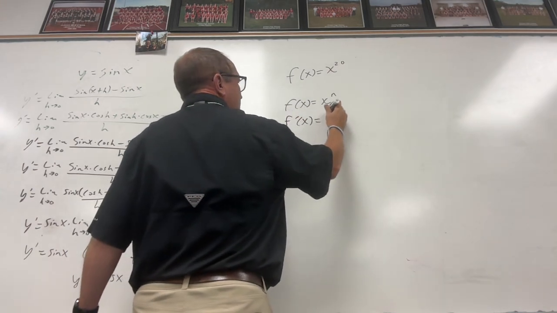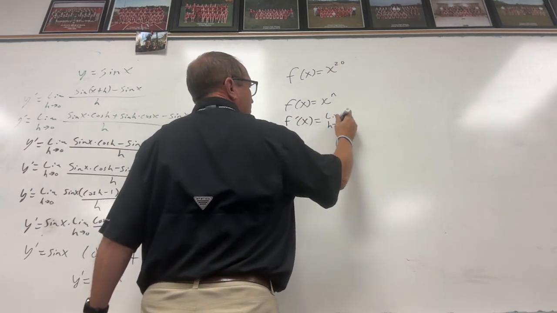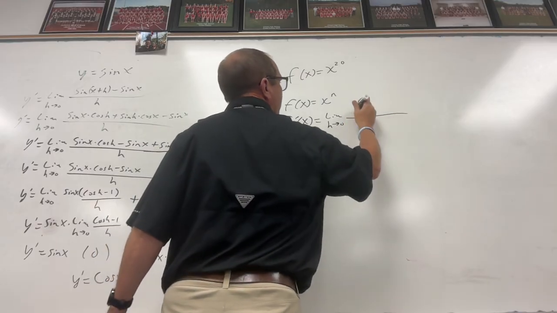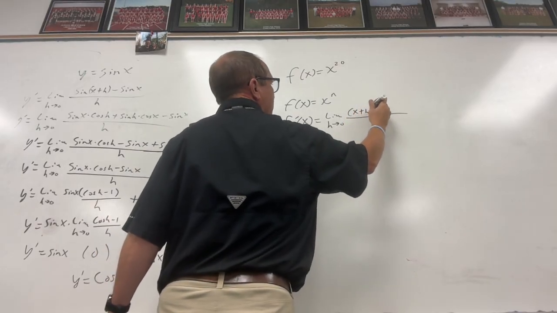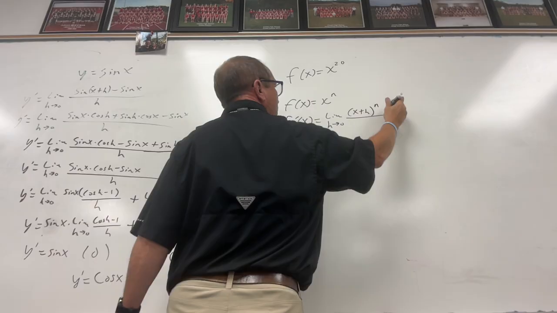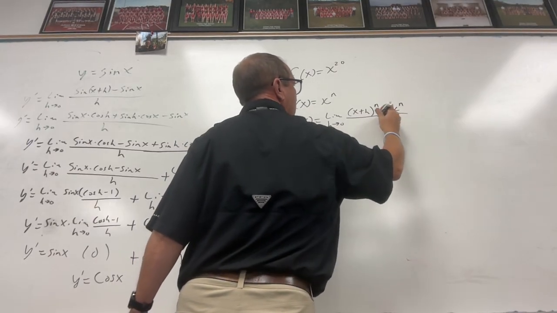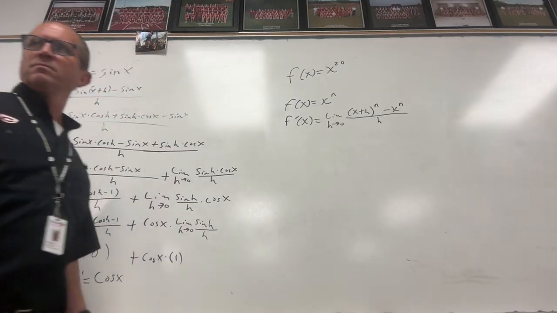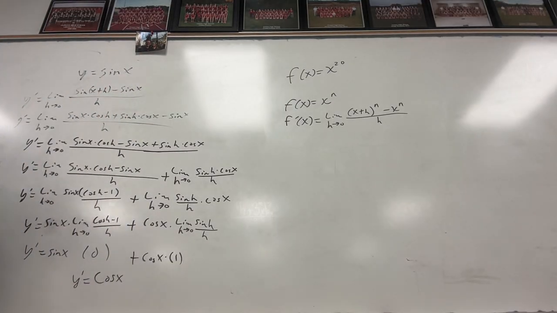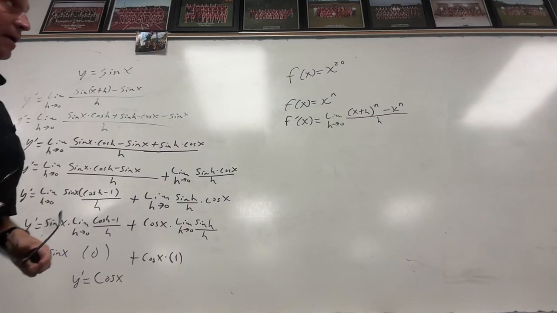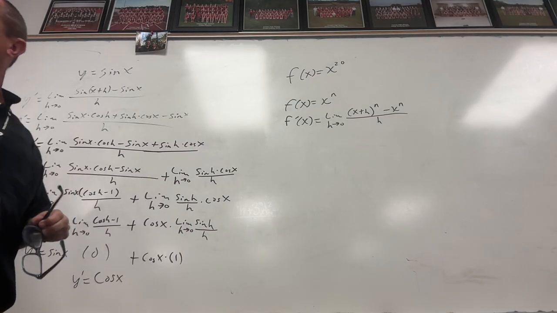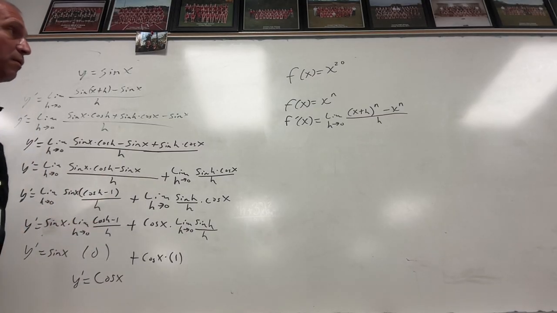F prime of x is equal to the limit as h approaches 0 of x plus h to the nth power minus x to the nth power all over h. Again, n just represents whatever your exponent was.